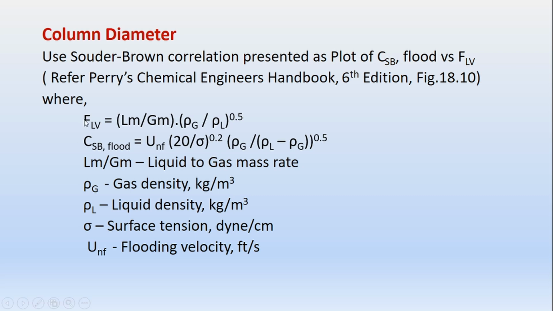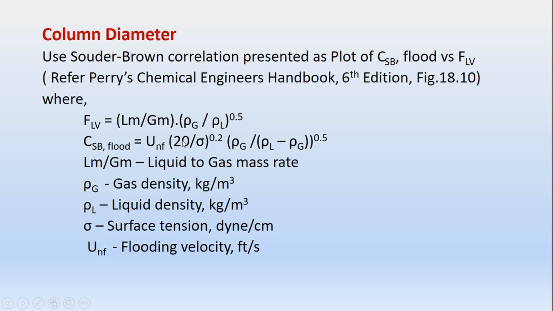Once we know this FLV value from the plot, we are going to get the CSB flood value. Okay, and from the remaining information, when we substitute, we can find out what will be the flooding velocity.